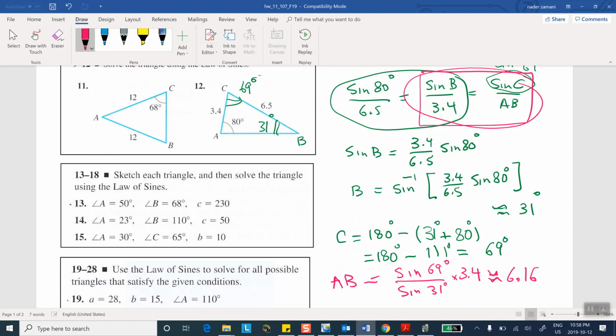So we've got all the sides, and we found all the missing sides and all the missing angles. So that takes care of number 12. Okay, let me stop this here, and then we move on to the other problem.